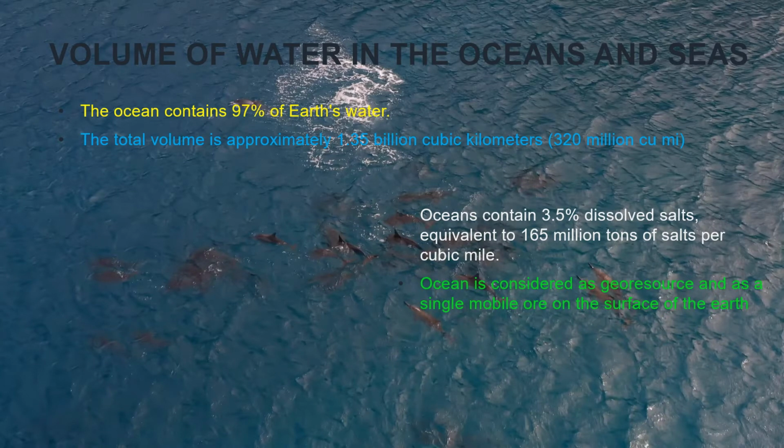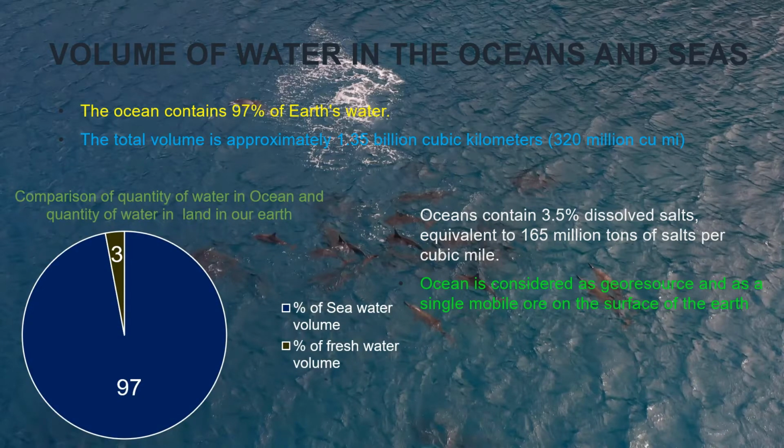Ocean is considered as a georesource and as a single mobile ore on the surface of the Earth. The pie chart given below shows comparison of quantity of water in ocean and quantity of water in land in our Earth. The blue color in the pie chart shows seawater volume and the brown color in the pie chart shows freshwater volume.